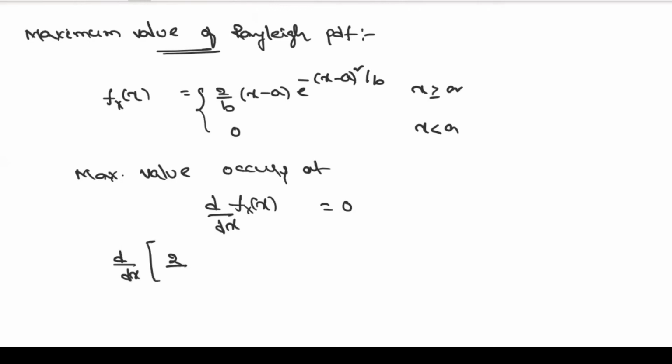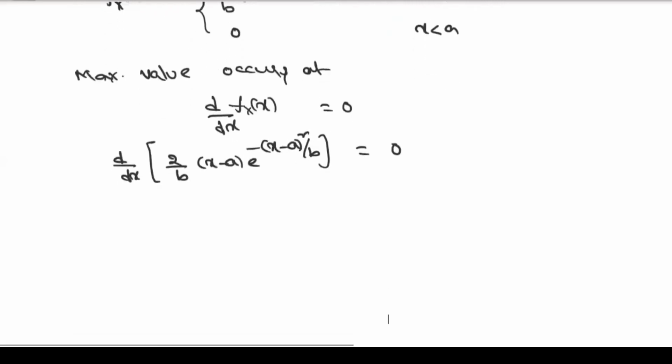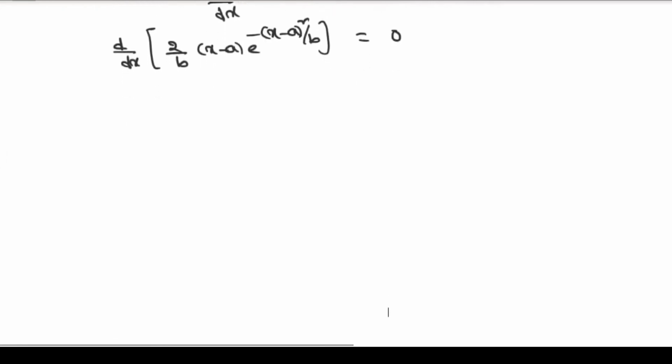What is that? d/dx of (2/b)(x − a)e^(−(x − a)²/b) is equal to 0. Try to differentiate the terms, then you will get 2/b times (x − a); you can take the uv functionality.